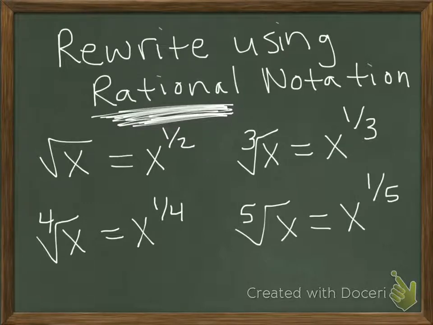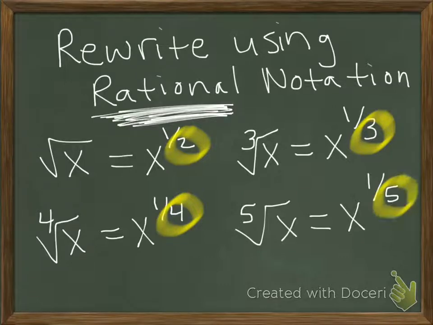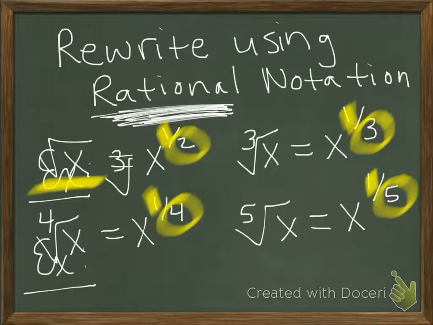So the root number, whatever root it is, a square root means 2, and a cube root means 3, and a fourth root means 4, and a fifth root means 5. So it's going to be 1 in the numerator over that number in the denominator. That's how we rewrite it from a radical, such as the square root of x, into a rational number such as x to the 1/2 power.